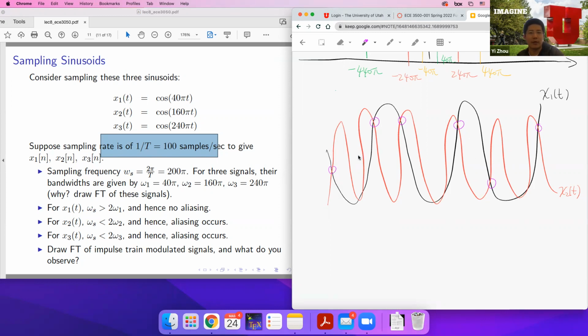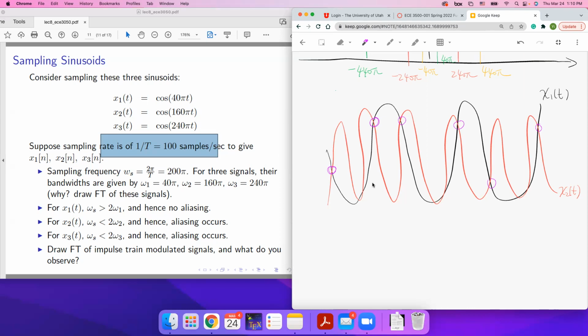Let's suppose these are the samples that you draw. And if you do the same thing for x2(t), you will find that amazingly the sampling points that you draw are always identical to the samples that you queried from x1(t), because all the sample points happen to be at the intersection points of these two signals. Oh, okay, thank you.